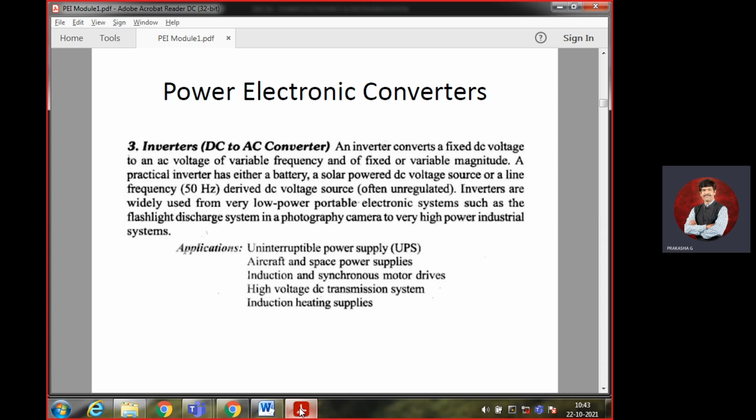Now measure the voltage when V1 and V2 are on. Up to some time all the batteries are off, all the BJTs are off. After some time I switch on V1 and V2, so my output will be V1, V2. From T1 to T2 I switch on both the BJTs.